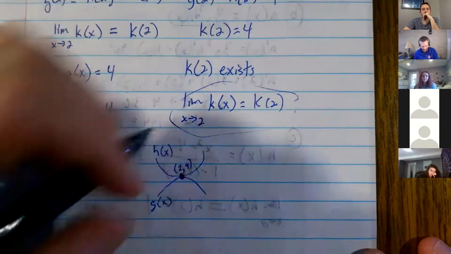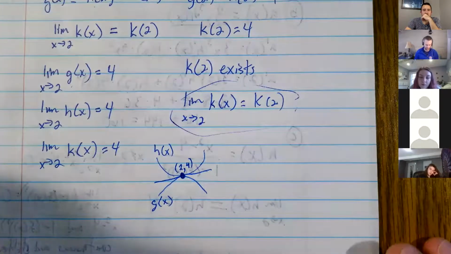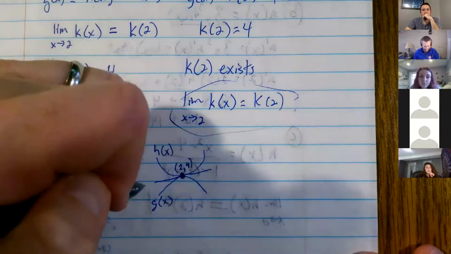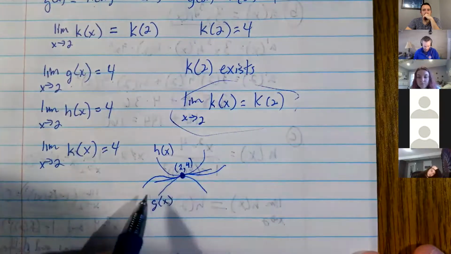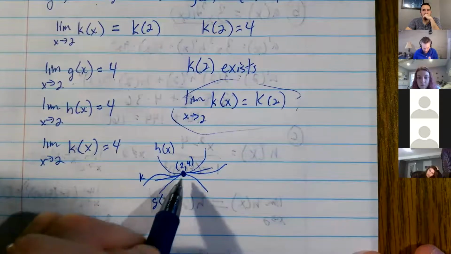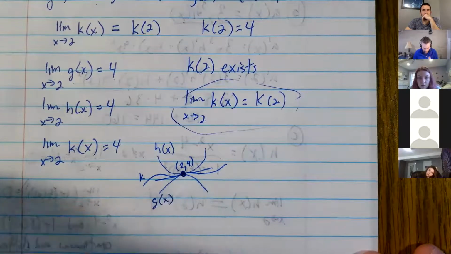And then they have the same tangent line, right? And so basically we're saying k is some function that is always in between or equal to the two. So it would have to be true that k of x would go through there as well, right? And the limit as we approach that value has to be that value as well.